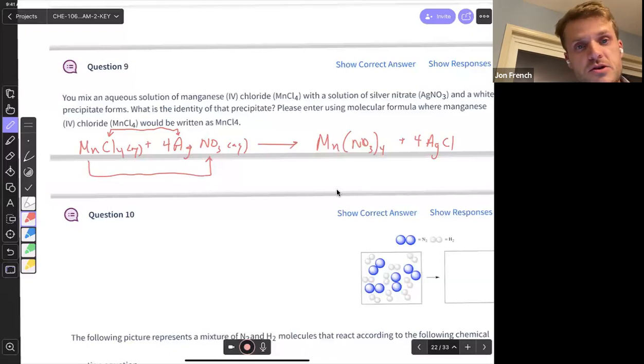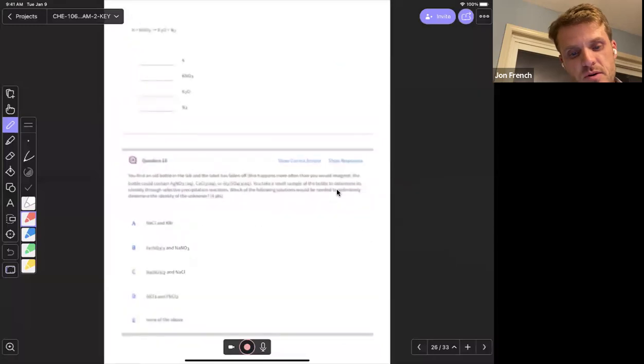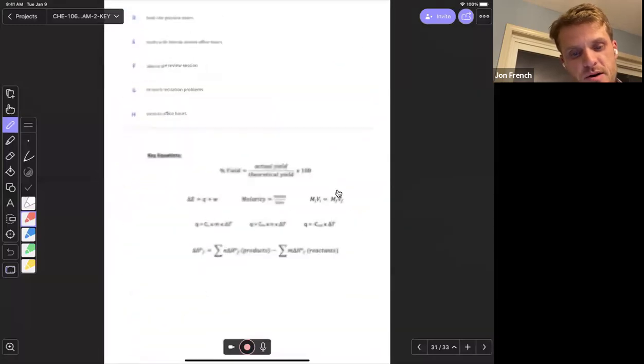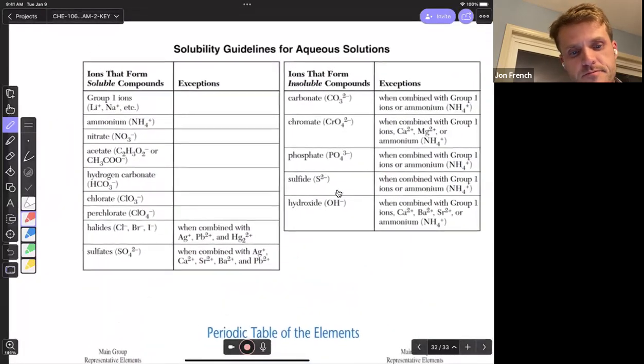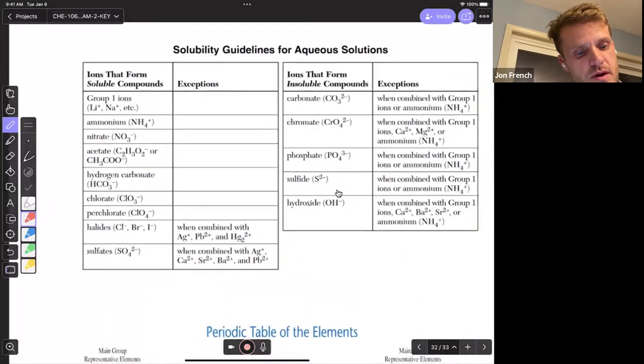From there, we want to go to the solubility table and look up which one is insoluble. The 2 things I wanted to look up were manganese nitrate and silver chloride.